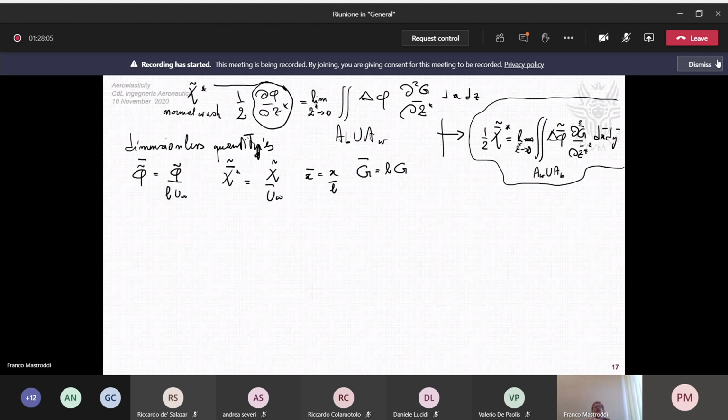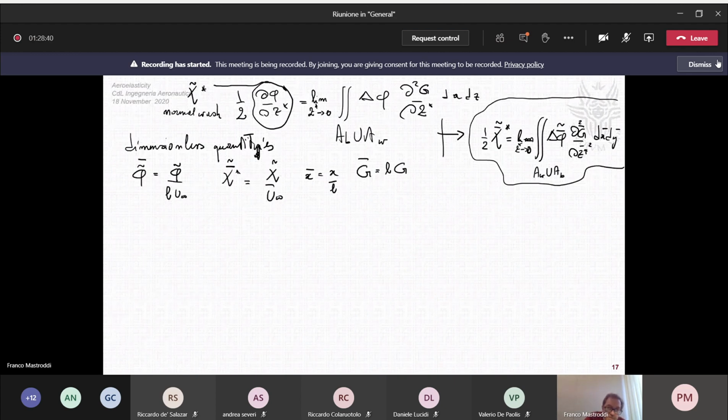For this reason, instead of normal wash, somebody says downwash. How many people say downwash? I imagine that there are colleagues of mine saying downwash instead of normal wash. Okay, a downwash is the normal wash in the thin body theory.